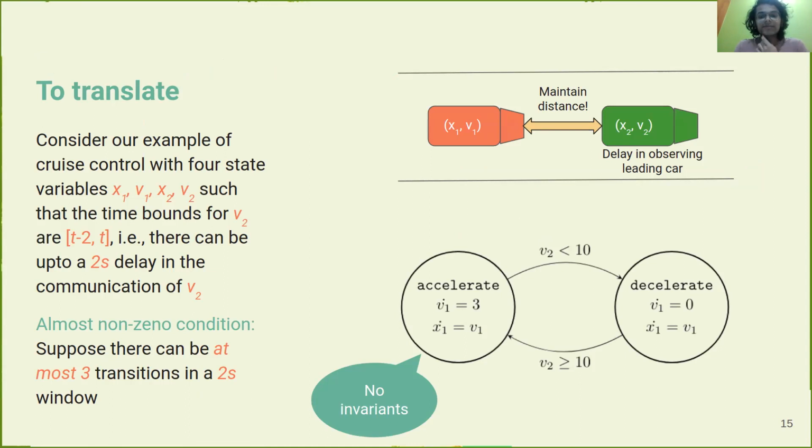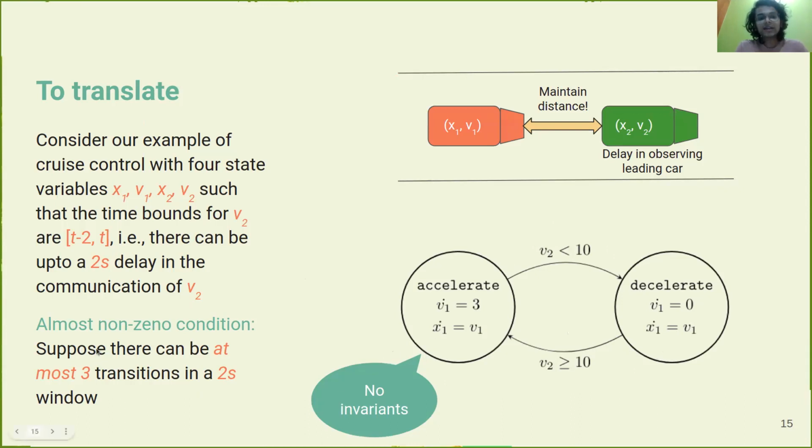an example. Here we again go back to our oversimplified cruise control example automaton. You notice that we have removed the invariants on the two discrete locations. And again, suppose that we have up to a 2-second delay in the observation or the communication of the value of the velocity of the leading car, which is V2.